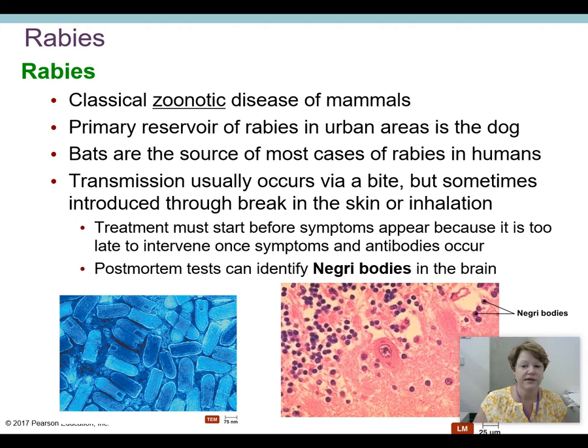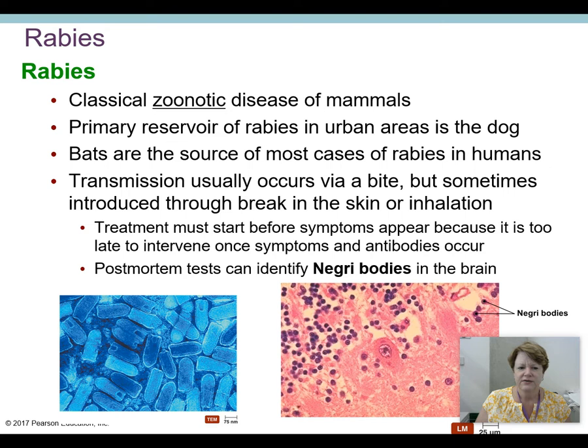Or, frankly, any mammal that has rabies could transmit it to a human through a bite. Remember that an animal that is having this brain degeneration may act in unusual ways and may not have fear of humans the way most animals do in the natural world. And so you can have encounters with animals that have rabies that end in a bite.